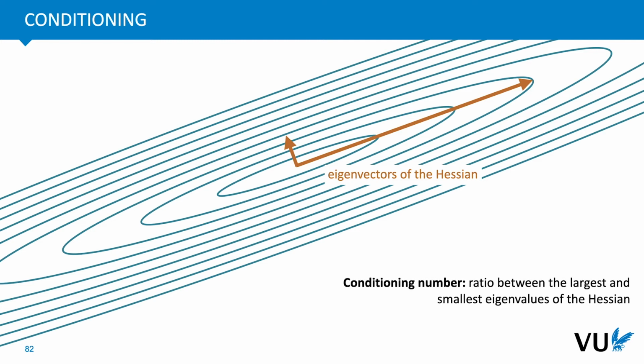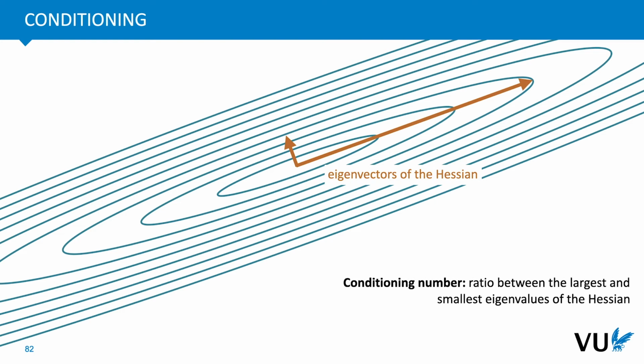which leads to a value called the conditioning number of the Hessian. The conditioning number of the Hessian is essentially the ratio between the smallest and the largest eigenvalue of the Hessian. If you don't know what eigenvectors and eigenvalues are, you can simply think of the ratio between this larger arrow and this smaller arrow.